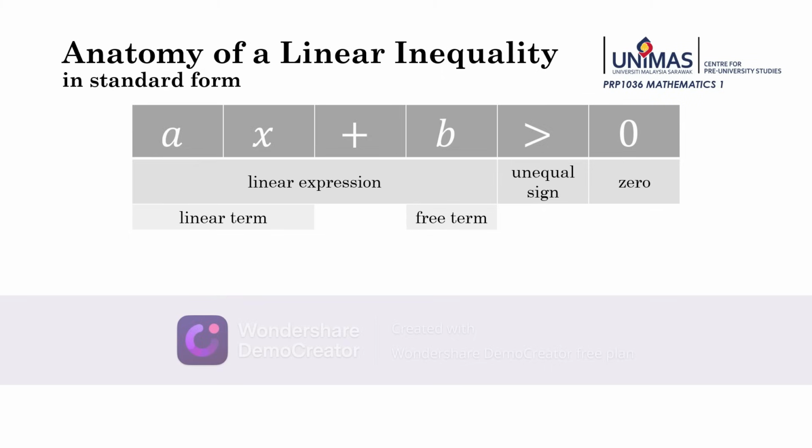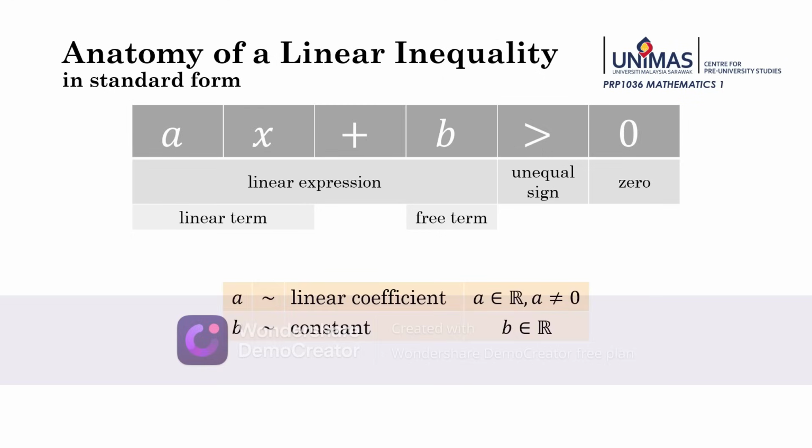We have the linear expression ax plus b, inequality sign, and 0. So we have the linear term and the free term. The coefficient a is the linear coefficient. The free term is a constant. So this is quite similar to the quadratic standard form.